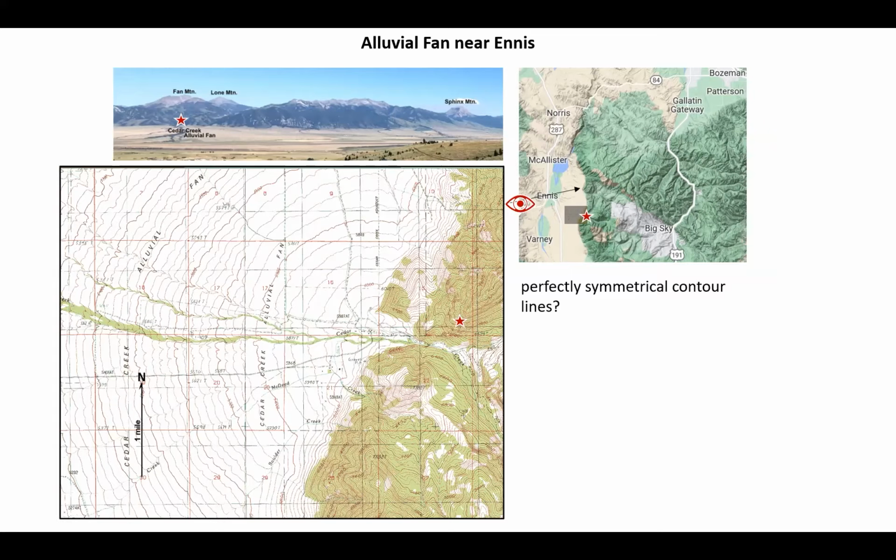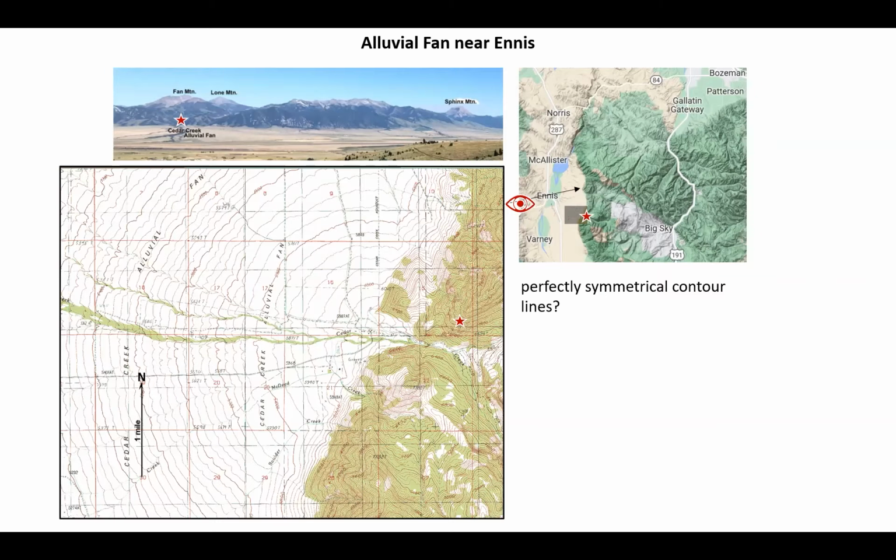And it's actually striking when you look at a topographical map. This is what we're looking at here with this diagram, USGS topo map. The contour lines are so perfectly symmetrical, it almost looks like this was man-made. But this is Mother Nature's dam. It's formed naturally, and it's continuing to form as all of this sediment gets carried down the slope.